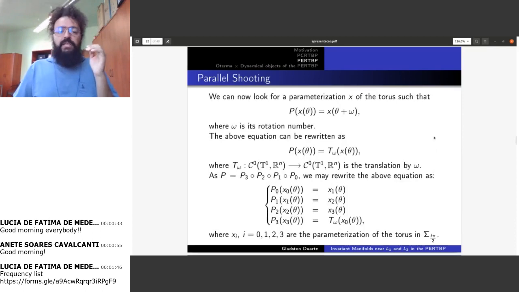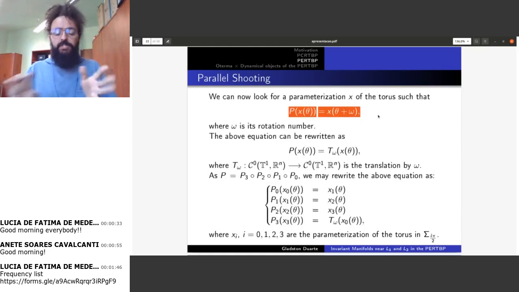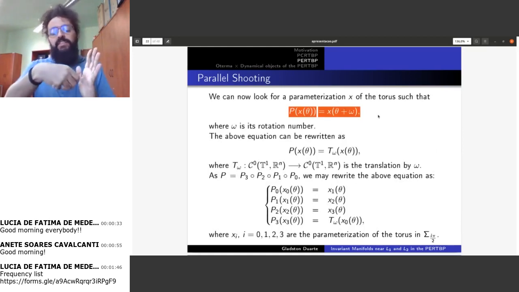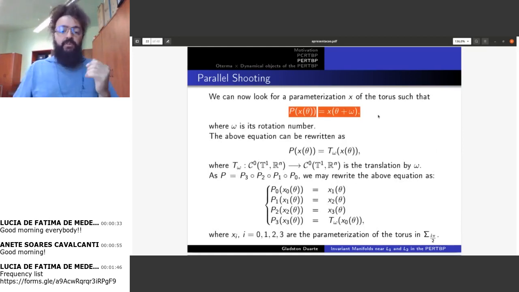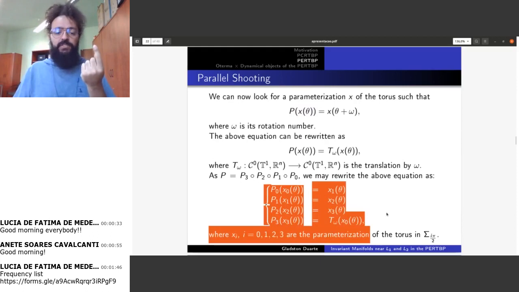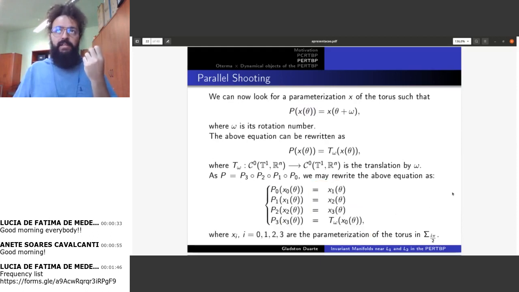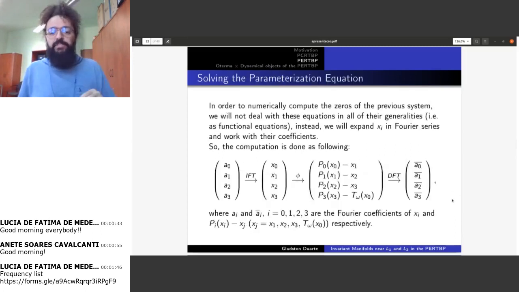Problem: if we want to parameterize these invariant tori, instead of solving one equation, we should solve a system of equations. And it increases the difficulty of this problem. That's the price to pay, actually, but the instability decreases a lot.